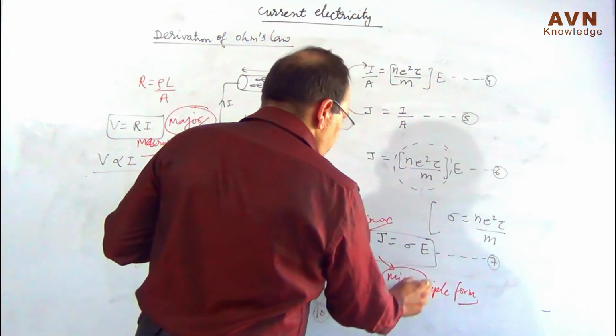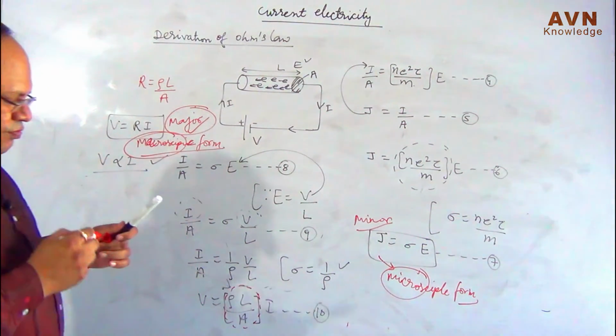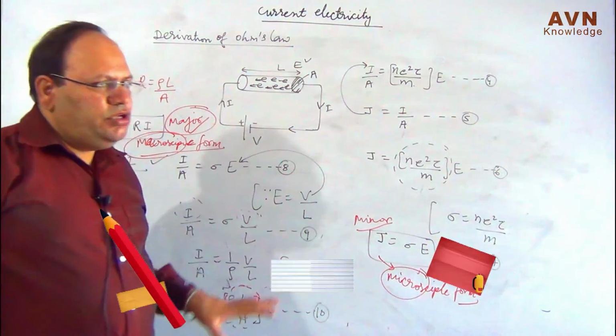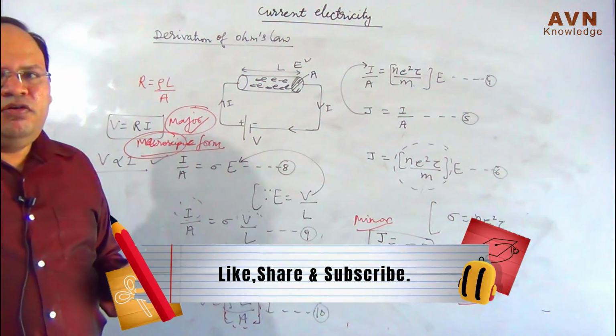So this is micro and this is macro form. Thus Ohm's law is derived from the microscopic and macroscopic forms. Thank you.